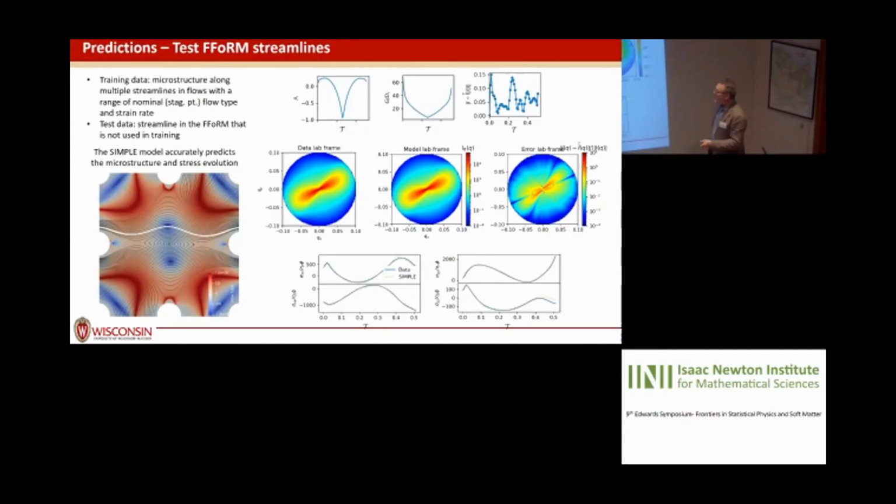Okay, so we're able to capture quite well the evolution of the microstructure. We can do this along a large number of streamlines and again get small errors. This is just if you learn a function for the stress here, this is just sigma xx and sigma xy, then you can capture those very well also. Okay.